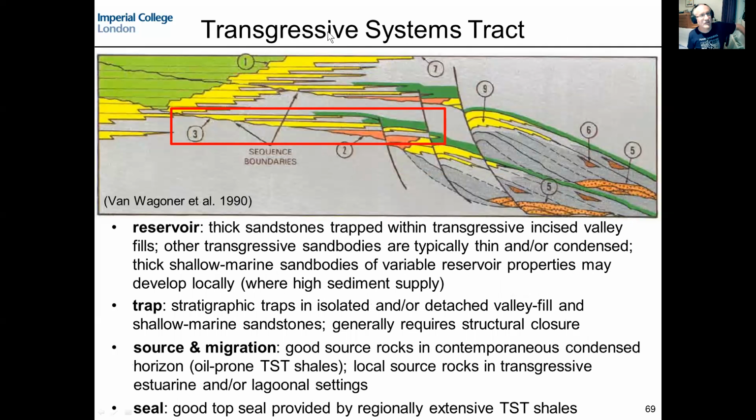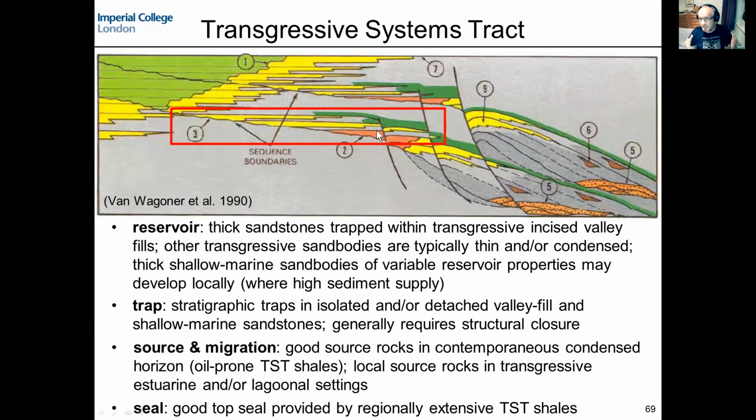Okay, now let's focus on the transgressive systems tract. So the transgressive systems tract is partly represented by these backstepping or retrogradational shallow marine units. Also part of the valley fill is typically transgressive. So you can get thick sandstones, but of only localized extent within the valleys.